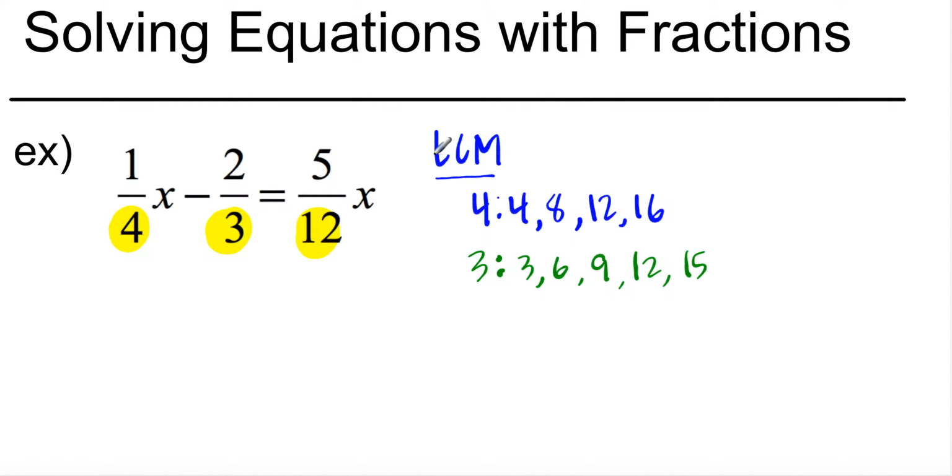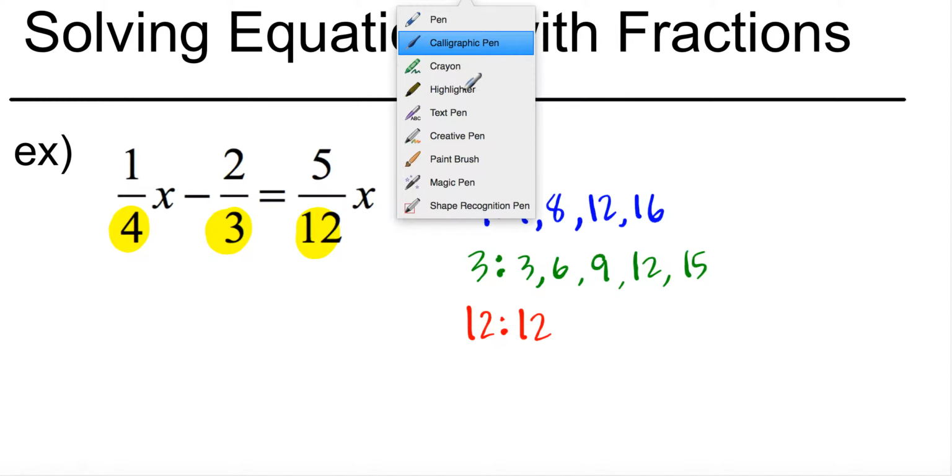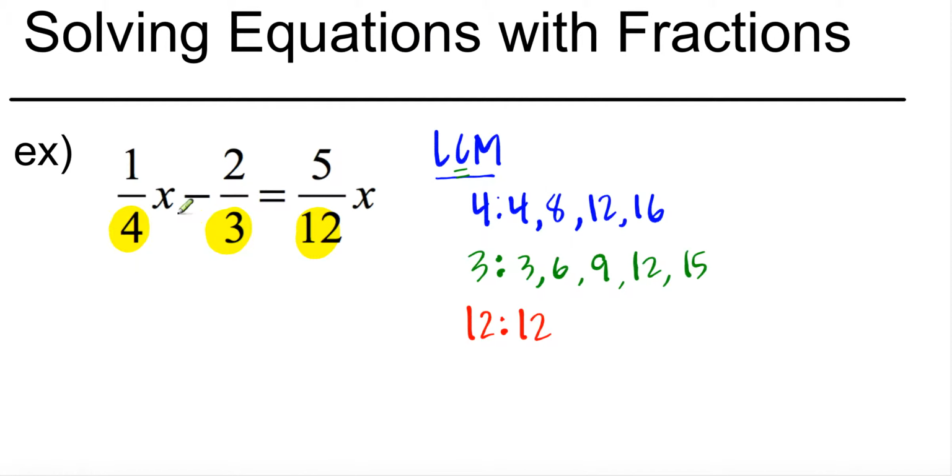But remember, we're trying to find the least common multiple. So we're trying to find the smallest number, hence the word least, that these three denominator pieces have in common. So multiples of 12, we're going to just stop right here at 12 times 1 is 12. So the least common multiple of 4, 3, and 12 would be 12.